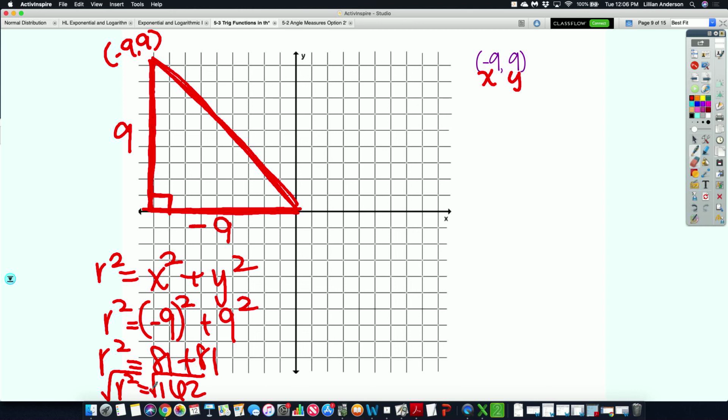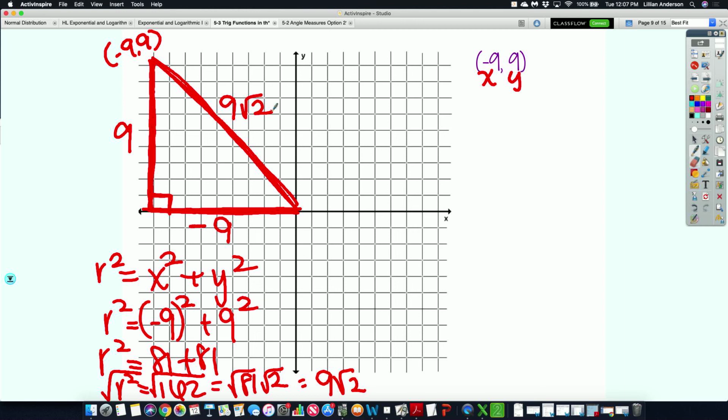Are any of them perfect squares? Check your perfect squares. See if this simplifies. So this breaks down to be the square root of 81 times the square root of 2. 81 times what gives me 162? 2. So then this is going to be 9 square root of 2, and then that is my hypotenuse.